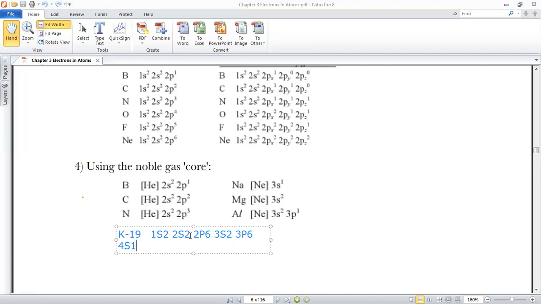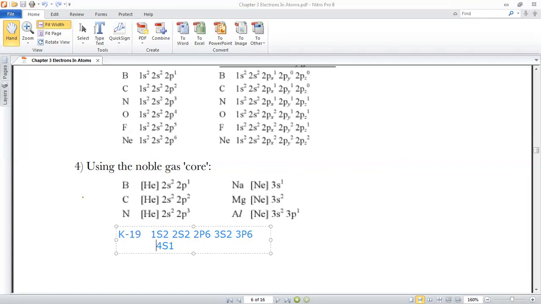So potassium 19 has electronic configuration of 1s2, 2s2, 2p6. This makes 10 electrons, then 3s2, 3p6, 18 electrons. And then 4s has 1 electron because 4s has slightly lower energy than 3d. तो 4s की एनर्जी थोड़ी सी 3d से कम होती है, इसलिए 4s पहले फिल होता है 3d से, so 4s1.